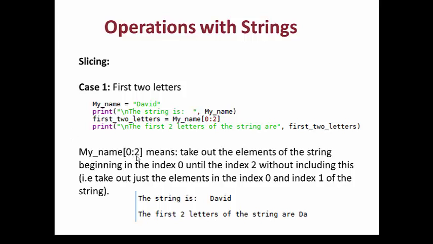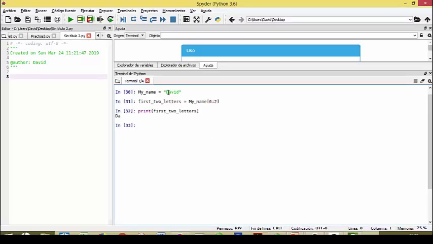My name 0 colons 2 means take out the elements of the string beginning in the index 0 until the index 2, but without including this index. It means just take out the element in position 0 and the element in position 1, no more. That is the reason I have DA, no DAV, because the last position is not included in the slicing. Okay, that is the first case.